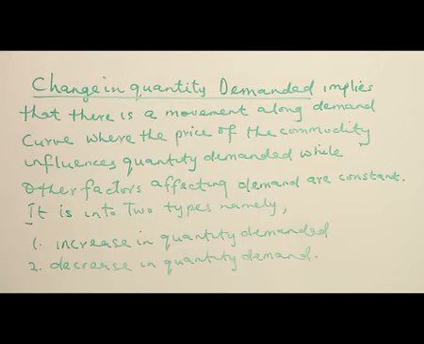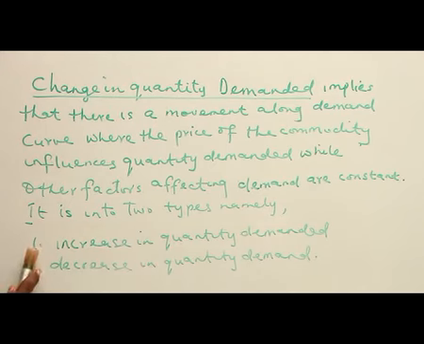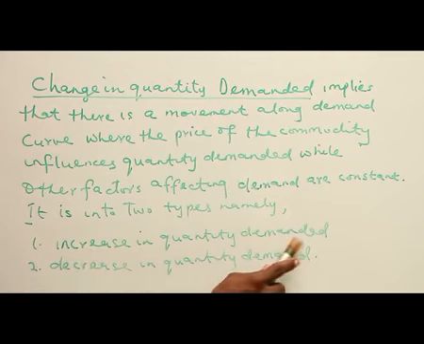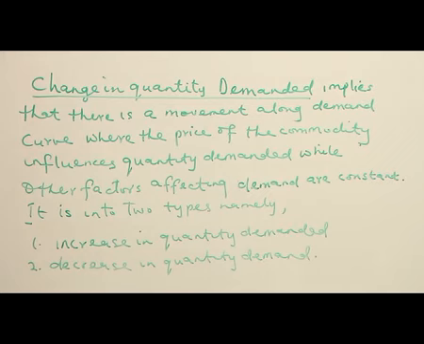All these are constant, but in change in quantity demanded, it is only the price of the commodity in question that is affecting it. Change in quantity demanded is of two types, namely one, increase in quantity demanded, two, decrease in quantity demanded. These two types will be explained with the aid of diagrams.